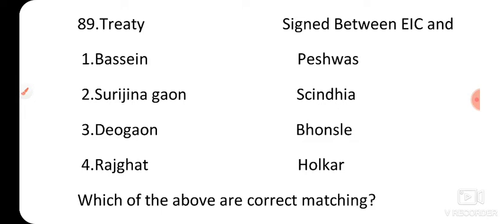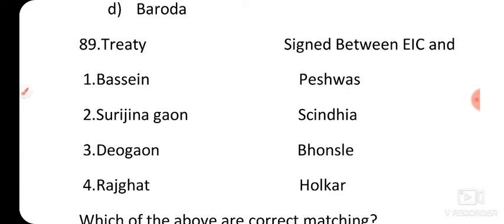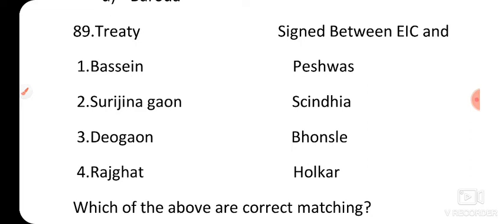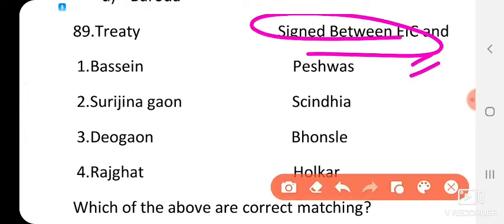So question number 89 is a match the column type of question. On the left side of the column the treaties were given, and on the right side was given whom the treaty was signed between East India Company and. First, the Treaty of Basin is signed between East India Company and Peshwas.